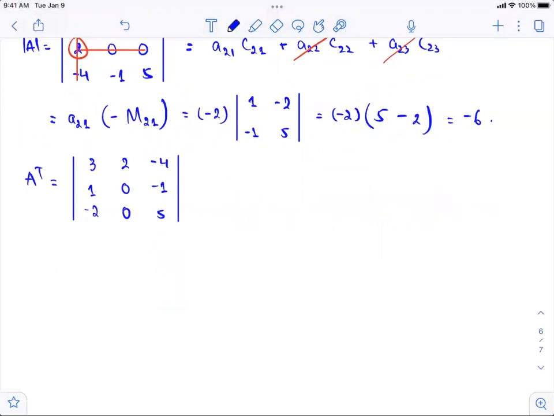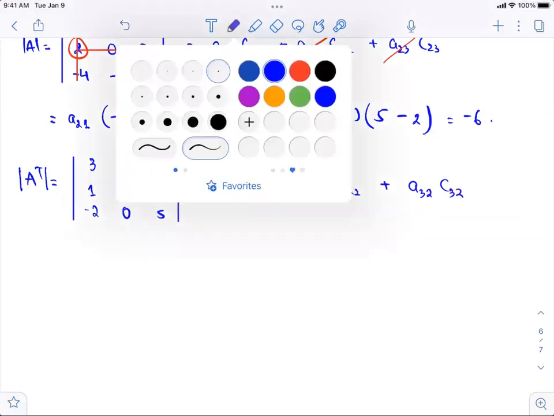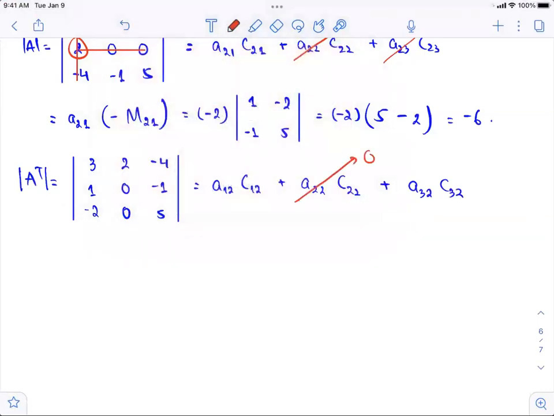To calculate the determinant of this matrix, again I'm going to choose the second column to work with because it carries the most zeros. So A12 C12 plus A22 C22 plus A32 C32. The last two terms are equal to 0 because the entries A22 and A32 are equal to 0.